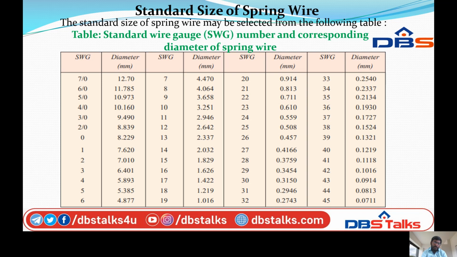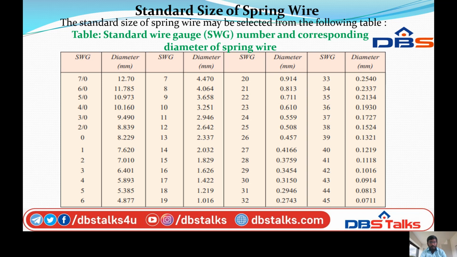For example, size 7/0 has diameter 12.70, 6/0 is 11.785, 5/0 is 10.973, 4/0 is 10.160, 3/0 is 9.490, 2/0 is 8.839, 0 is 8.229, and 1 is 7.620. As the standard wire gauge number increases, the diameter is reduced: 7.010, 6.4. The final SWG is 45, with diameter 0.0711. These table values are used for problems, taking the SWG standard wire gauge.